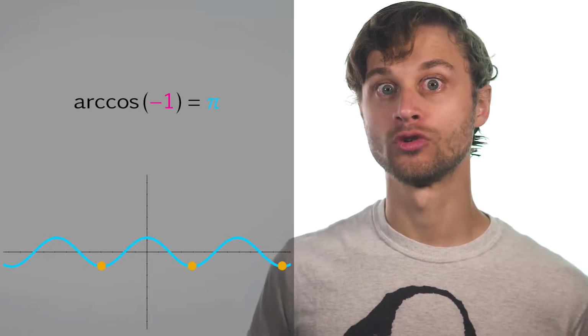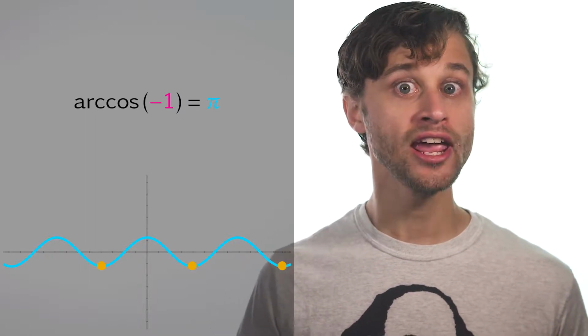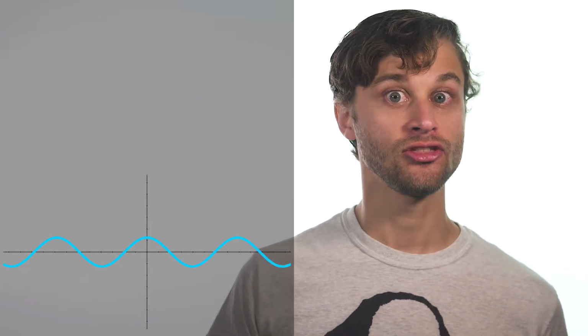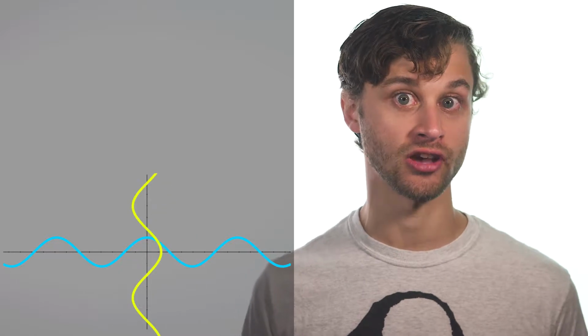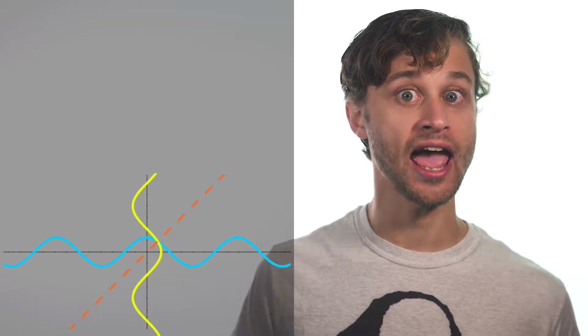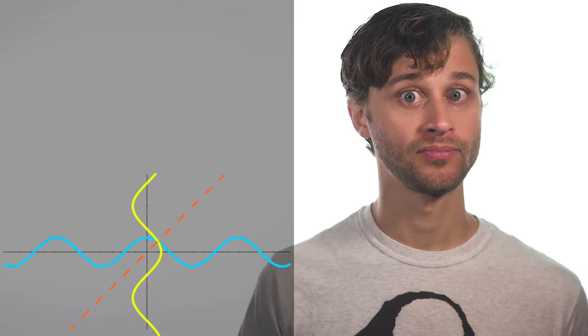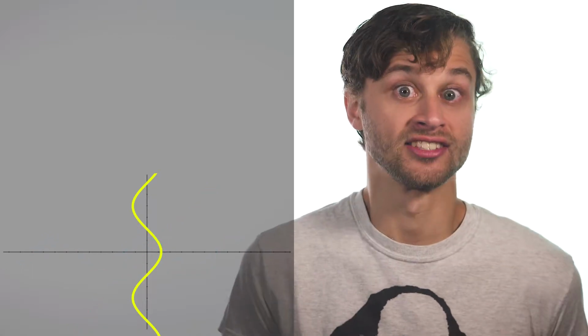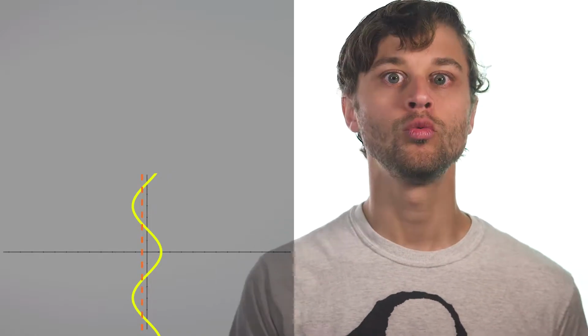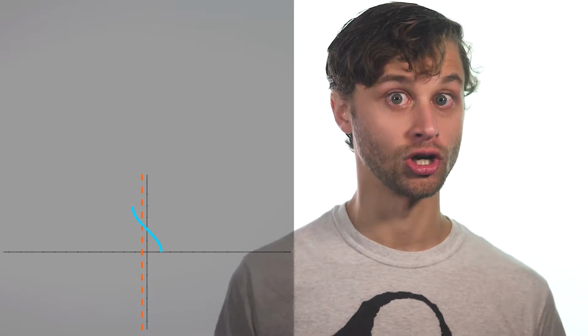Recall that the domain of cosine is all real numbers and its range is from -1 to 1, inclusive. Now, if I take the graphical representation of the inverse of that function, I flip that function across the line y is equal to x, and I would get this graph. But if we take a look at this graph, it isn't a function. It doesn't pass the vertical line test. So we restrict this inverse function, which is equivalent to arc cosine, to an interval on which it passes the vertical line test.